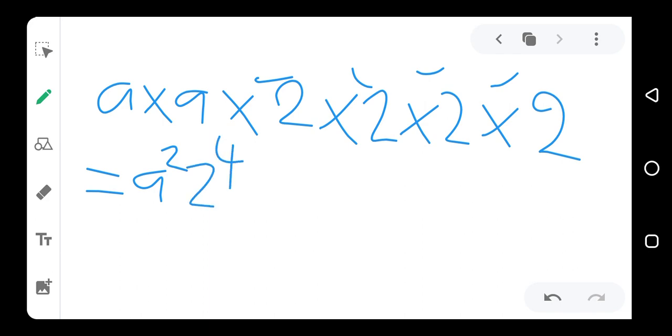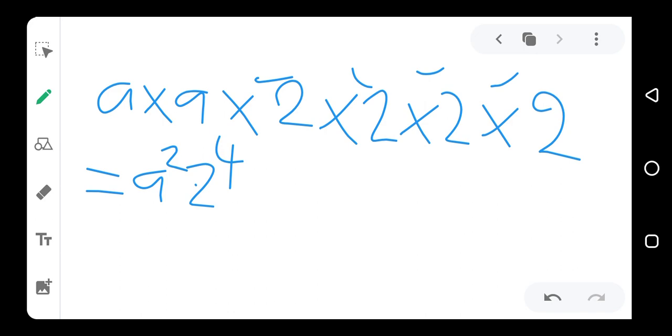Now we can rewrite this to make the numbers come first before the alphabet. If you leave it like this, you still have your full answer, your full mark, but it is common, or it is better, to make the figure, that is the number, come before the alphabet.